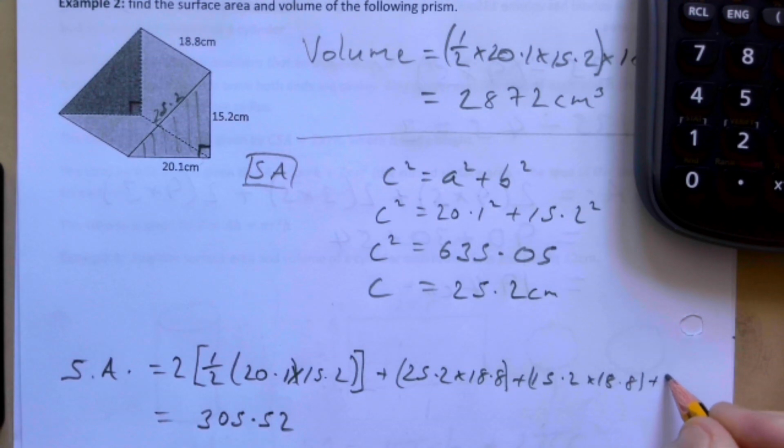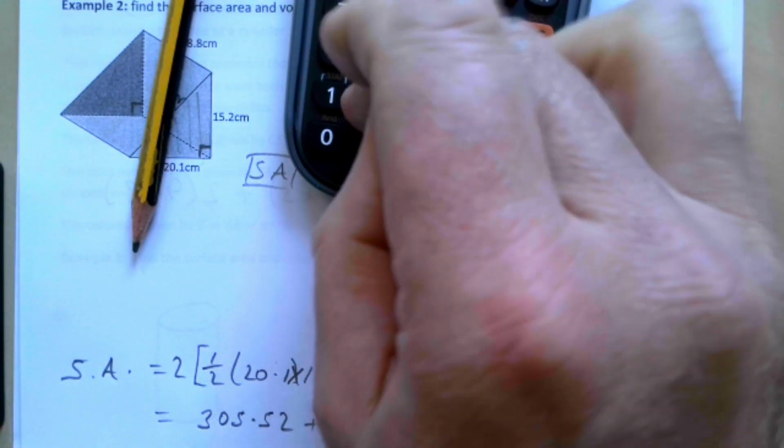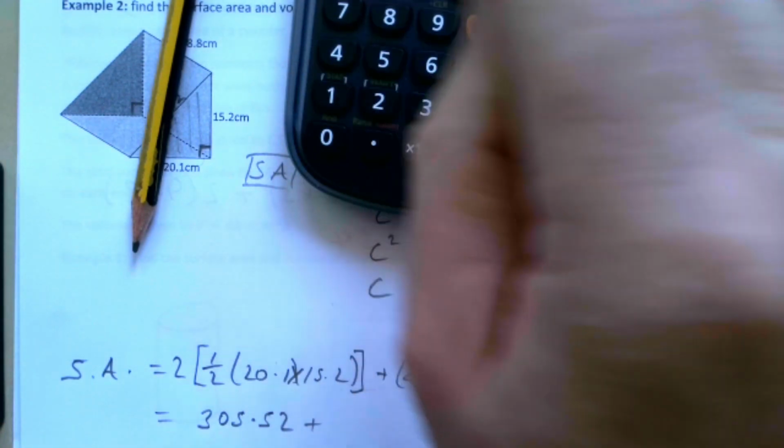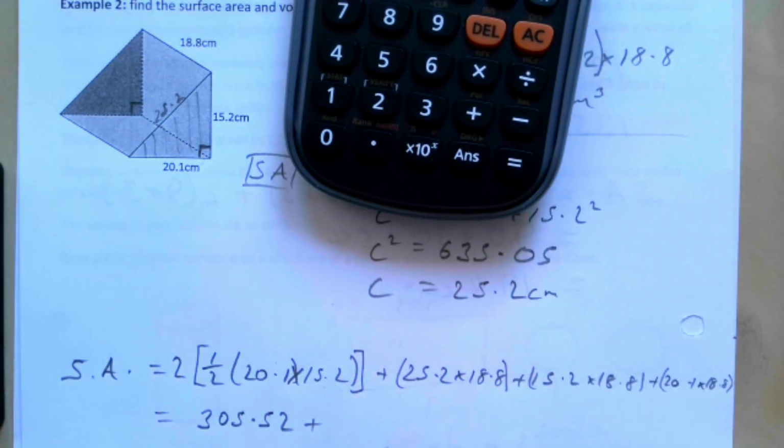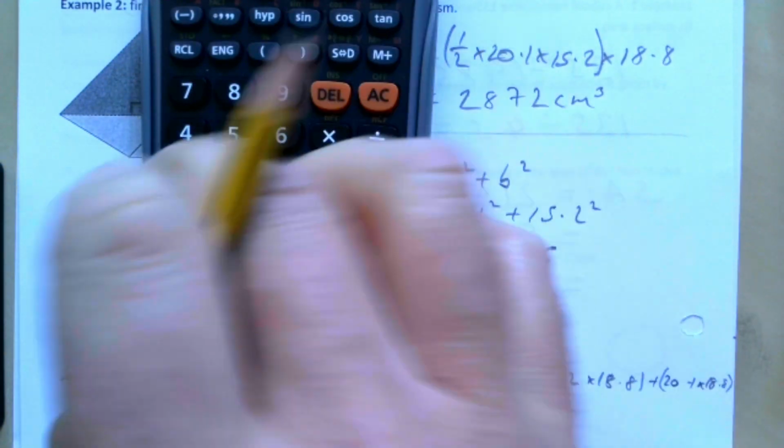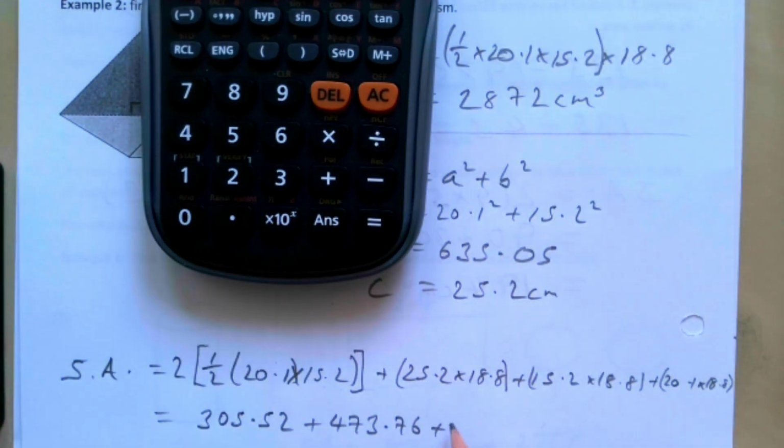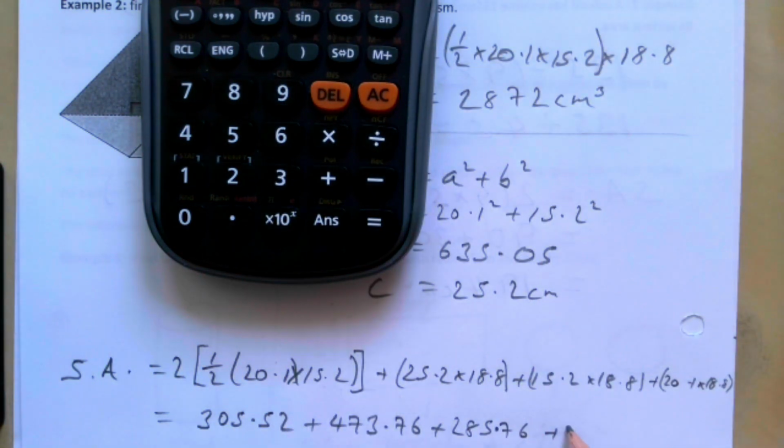And this bottom one then is going to be 20.1 times 18.8. 25.2 times 18.8 gives us 473.76. 15.2 times 18.8 is 285.76. 20.1 times 18.8 is 377.88.